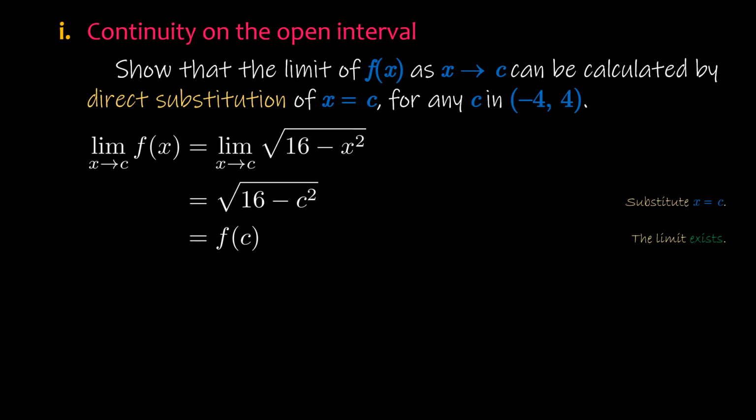Because the limit of f of x, as x approaches c, can be calculated by direct substitution of x equals c, for any c in -4, 4, f is continuous on the open interval -4, 4.